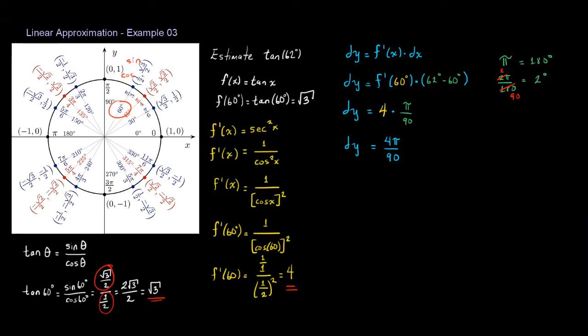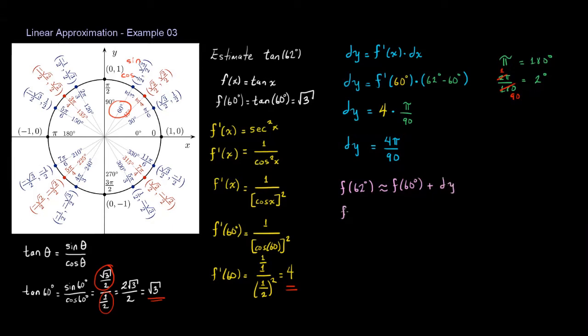I'm going to use a different color, pink. If we want to find the approximation for f of 62 degrees, this will be approximately equal to f of 60 degrees plus this difference that represents dy.